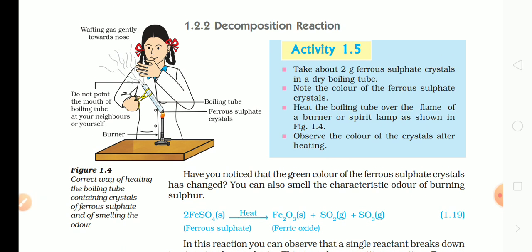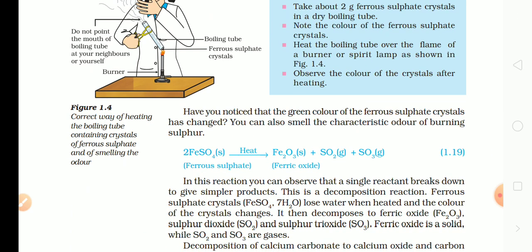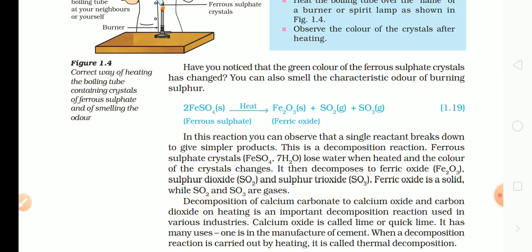During the heating you can see a lot of water vapor on the walls of the test tube. It is because ferrous sulfate is a hydrated salt having the formula FeSO4.7H2O, and that H2O is called the water of crystallization. You will study it later. Water of crystallization is the water molecules present in a crystal, which a compound needs to have its particular color in crystal form.